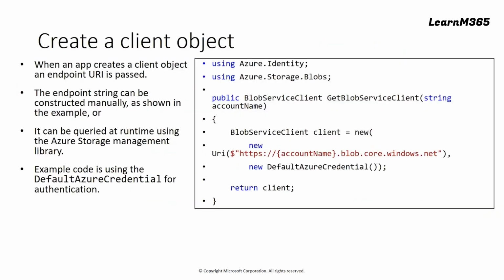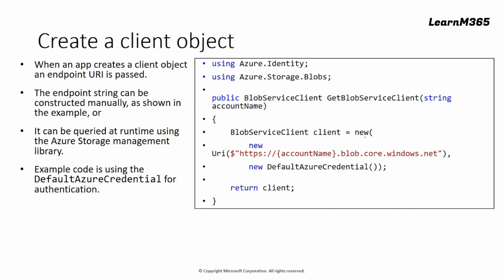Now let's see here, creating a client object. First of all, you need to communicate with the storage account. So you will download the storage account SDK, and then you have to create a BlobServiceClient object. I have created a method which will return me a BlobServiceClient.